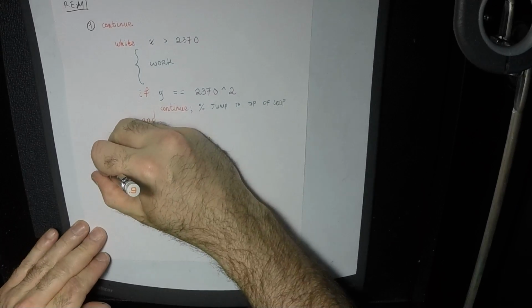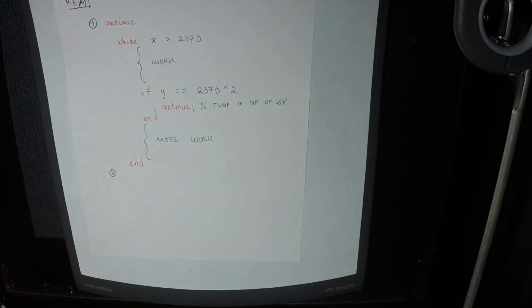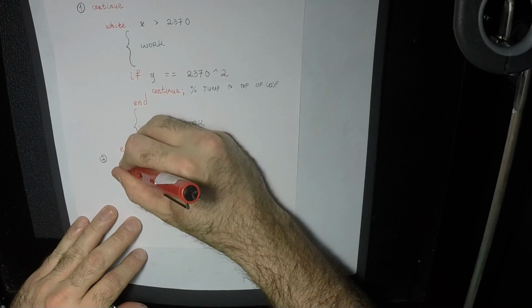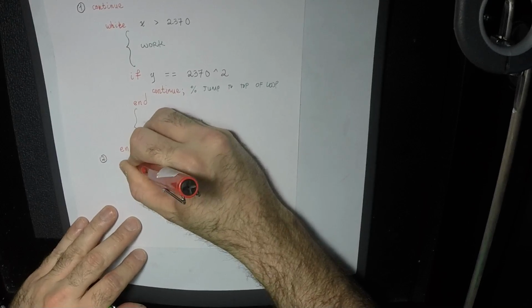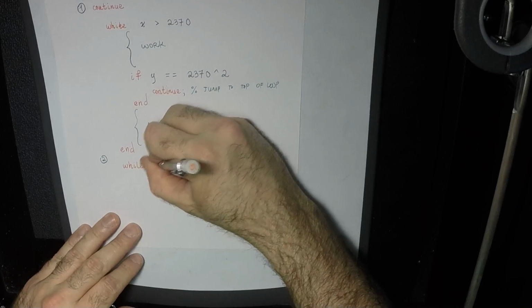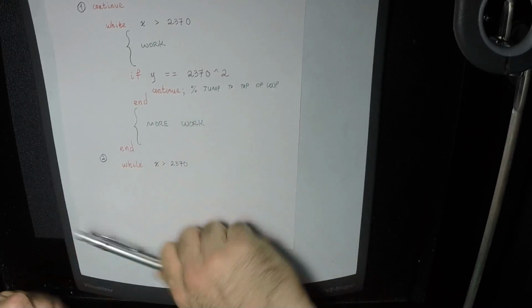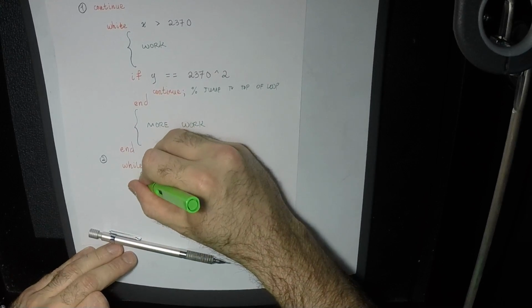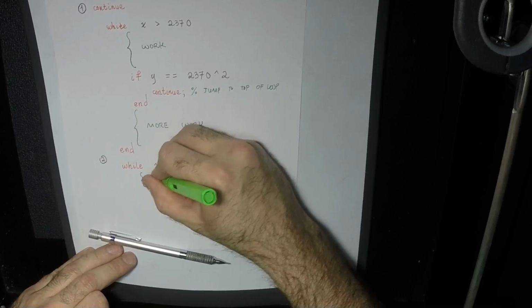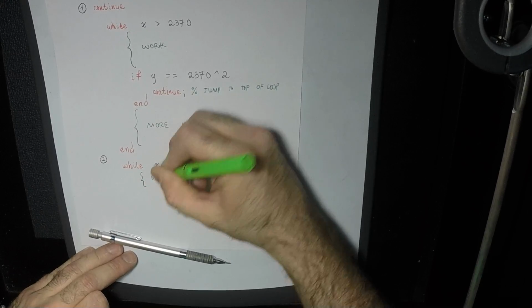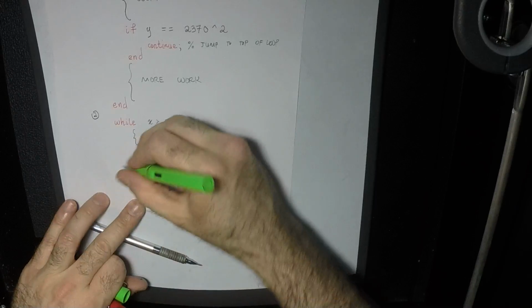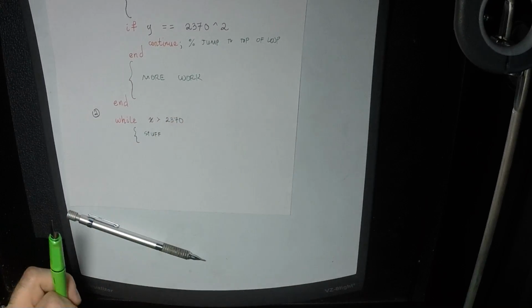Sometimes, with either a for or a while loop, but I'll write a while loop, you have something like while x is more than 2370. You do some stuff, and maybe there's stuff even after it.